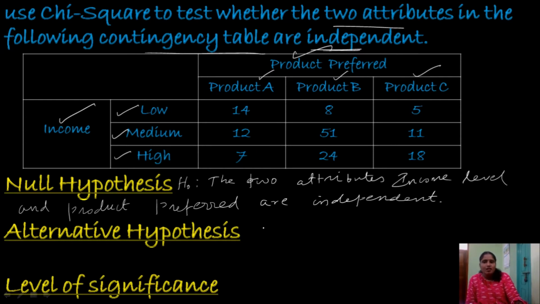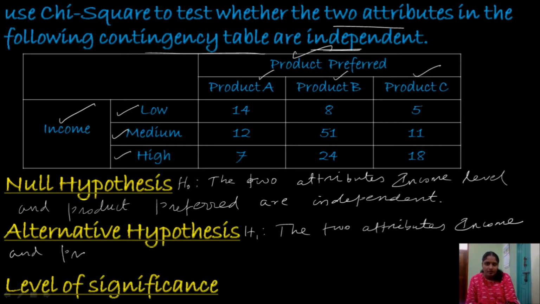Whereas alternatively, I am going to set up the alternative hypothesis, usually denoted as H1: the two attributes income and product preferred are dependent.